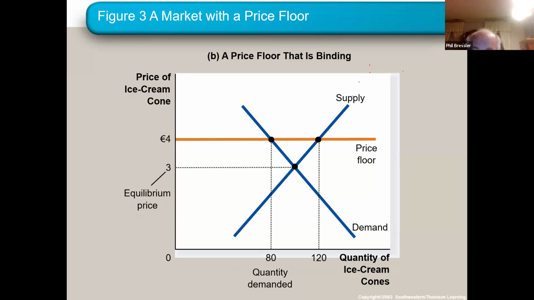They use minimum wage a lot in the example. Okay. Now remember, for both floors and ceilings, there's deadweight loss. So the markets are inefficient. You don't have to know where the deadweight loss is, but you do have to know that the markets are inefficient.